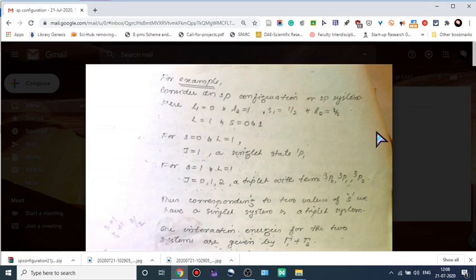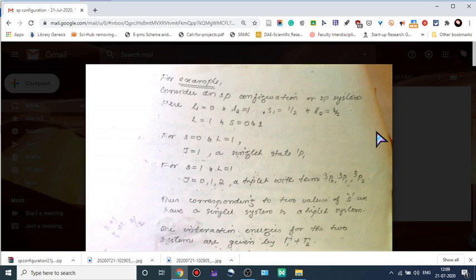Today we will discuss how to find the interaction energy of an LS coupling system, taking the sp configuration as an example. In the last class we had an assignment on finding the interaction energy in LS coupling systems.